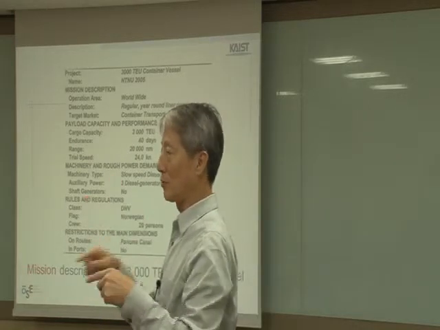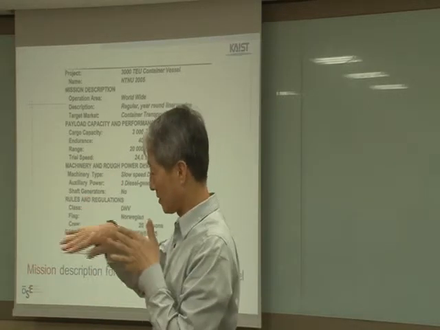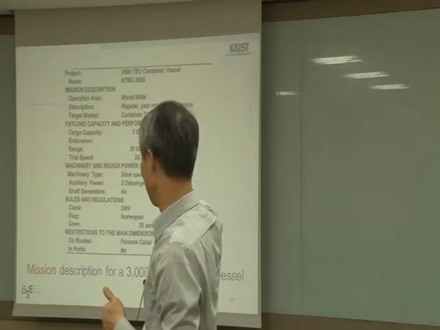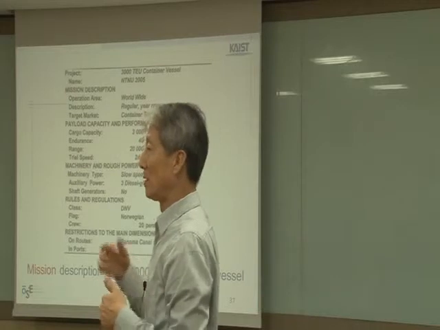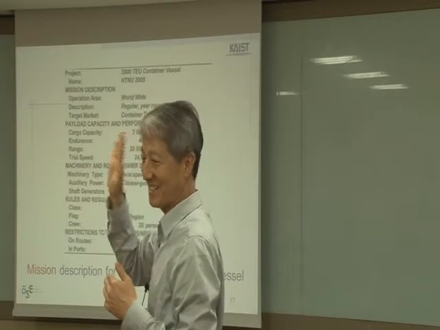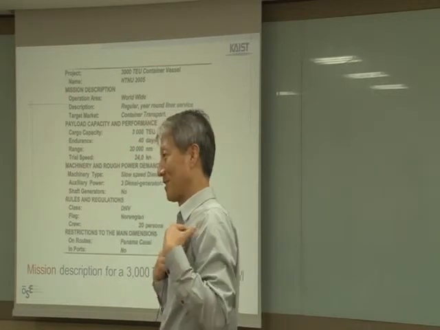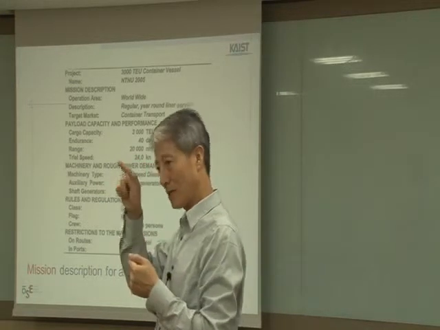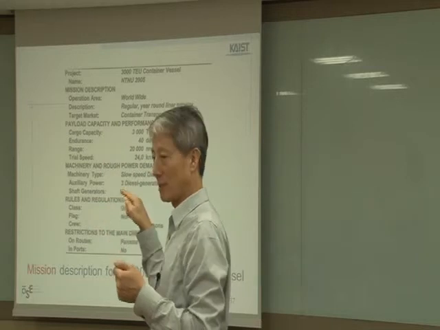In this condition, we run the ship, and then we measure the speed. If the speed is above 24 knots, higher is okay, right? Higher is okay for the owner, right? So if it's higher than 24 knots, okay, the checklist goes green light, right?